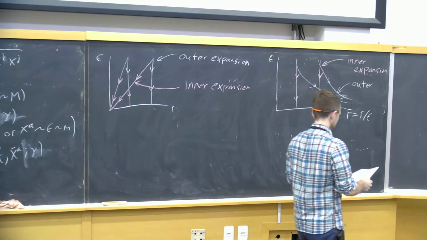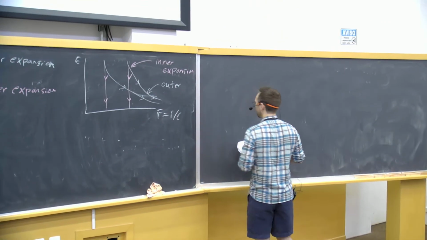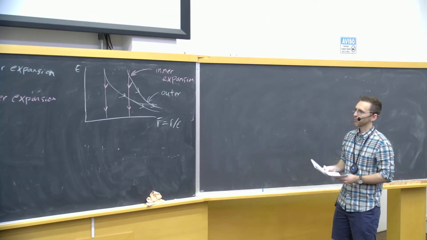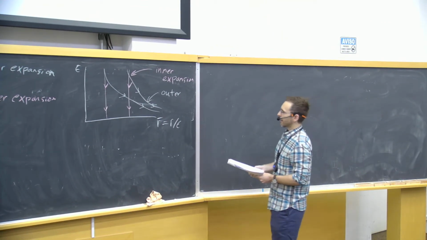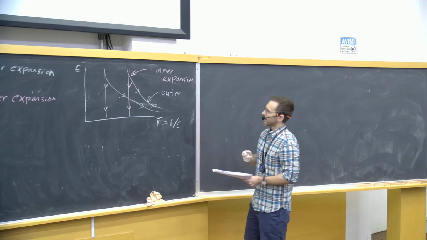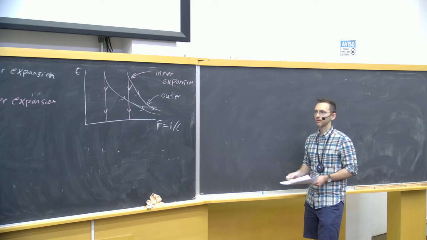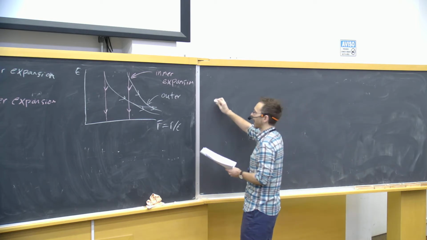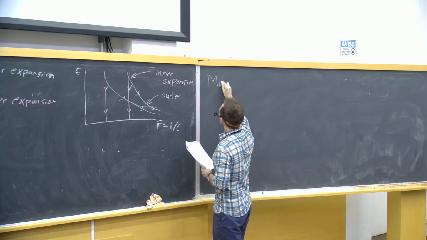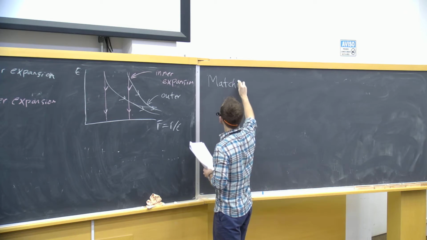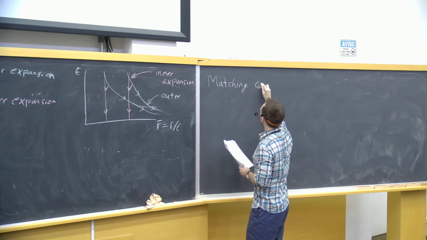Now, the last thing I'll say today is really the key to this whole approach. We have 2 expansions, and the name of the method is matched asymptotic expansions. So the key idea is that these 2 expansions have to match each other. So we have a matching condition.